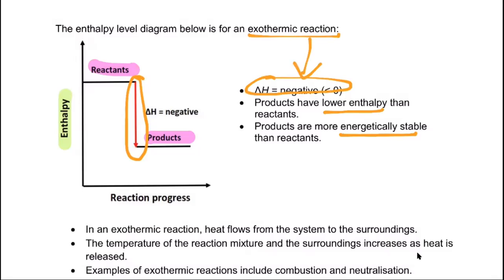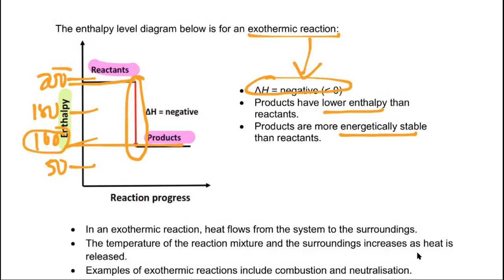When I say delta H, sometimes they put values in here, like maybe this graph is labeled with 50, 100, 150, 200, and they might ask you what's delta H. So I would have to look. If products are about here and that's 100, and reactants are up here and that's 200, then products are 100 minus the reactants, 200.